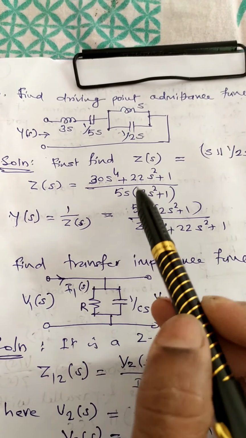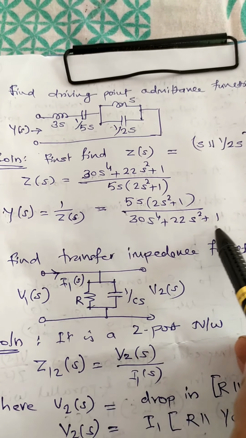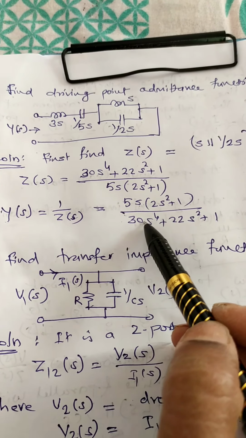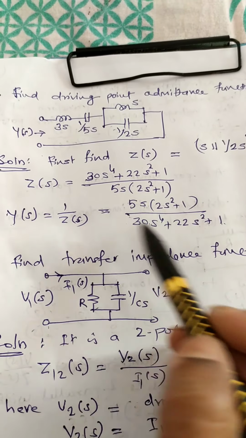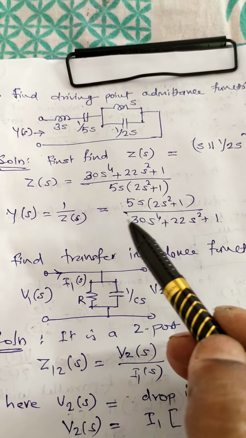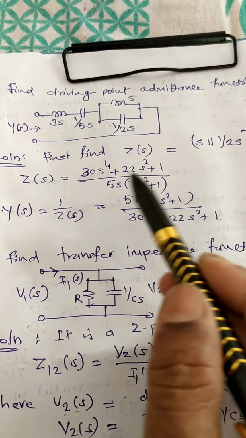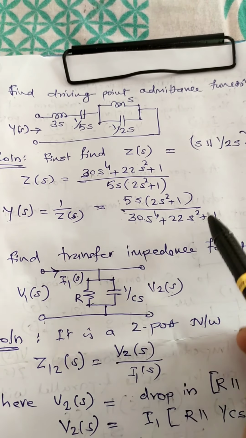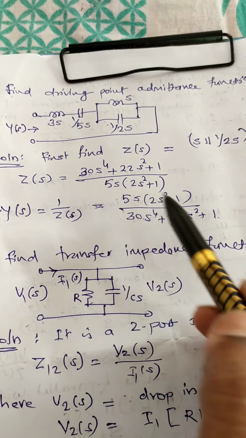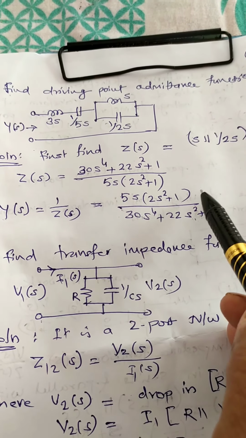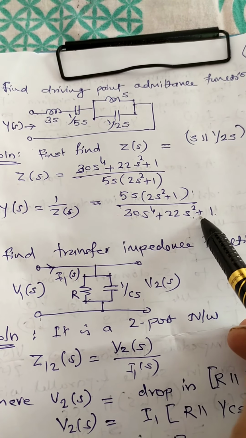So it becomes reversed, the denominator goes to the numerator: 5s, 2s square plus 1, divided by 30s4 plus 22s square plus 1. We have to try and get this because the only way is practice, and this kind of modification is required. You bring the final calculation to look like this, one polynomial here, one polynomial here.